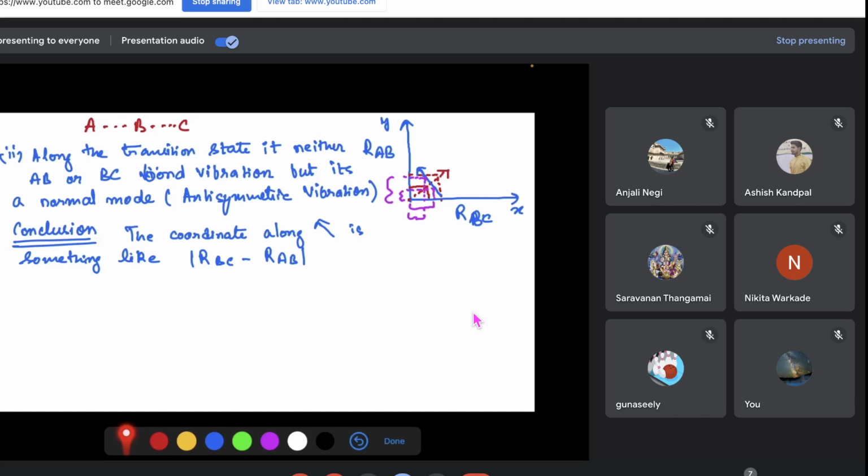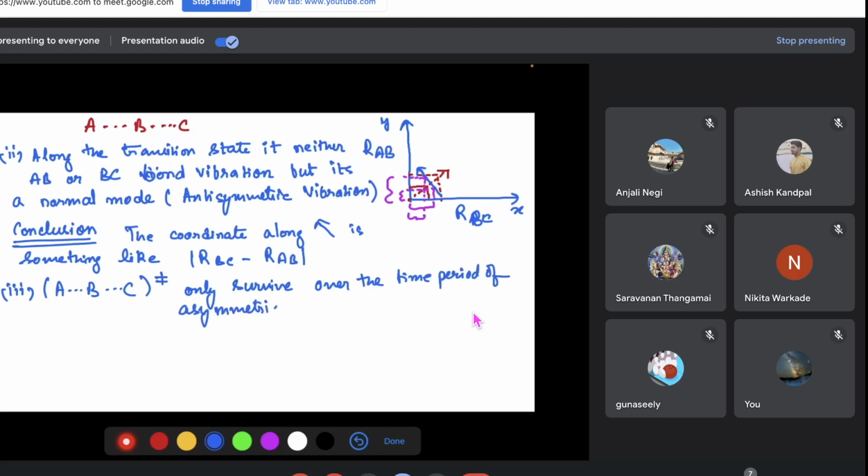And the third point is that my transition species only survives over the time period of the asymmetric stretch.